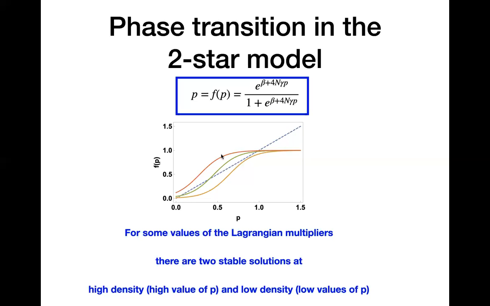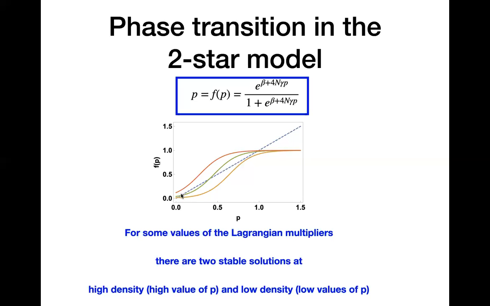For the red curve, you have only one solution, for a very high value of p. So this means that you can have a transition between a low connectivity, low density network, and a high density network. But interestingly, if you consider a parameter value consistent with this green curve, you actually see three possible solutions.